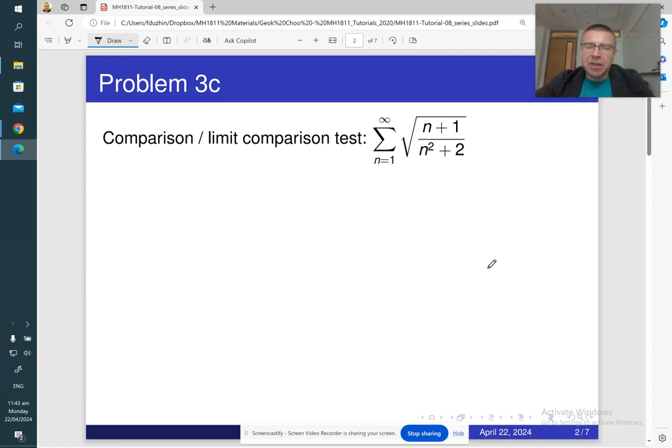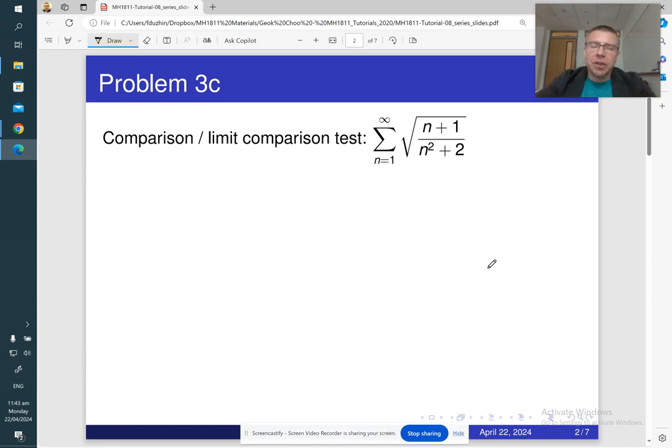So the biggest term is n and n squared respectively. So the plus 1 or plus 2 are negligible, and the whole thing behaves like just 1 over square root n, which diverges. So we want to prove that the series diverges.